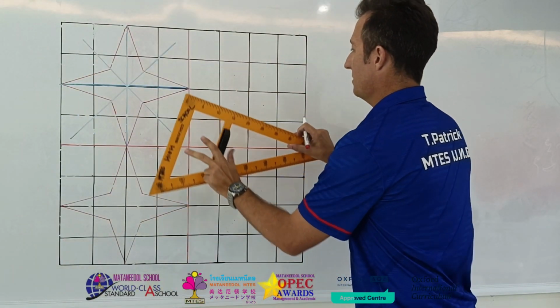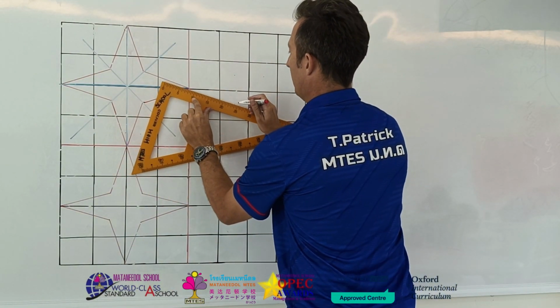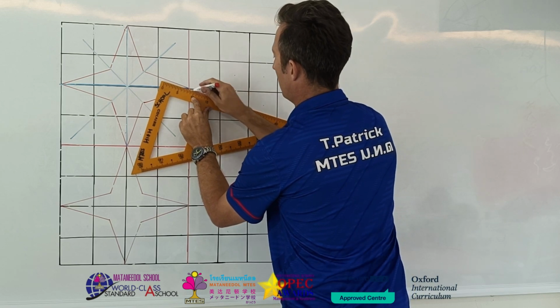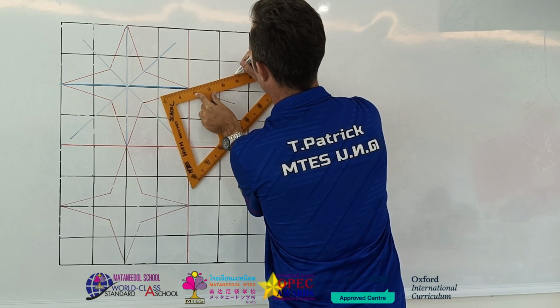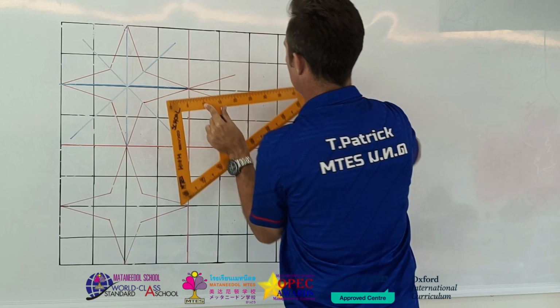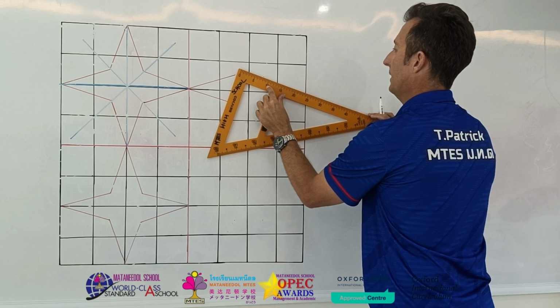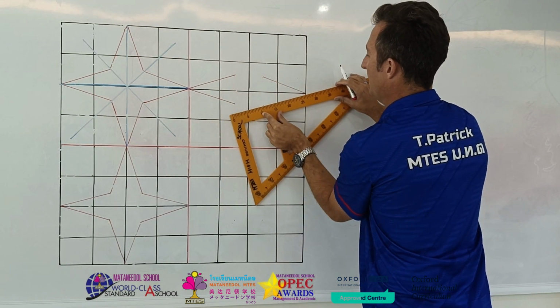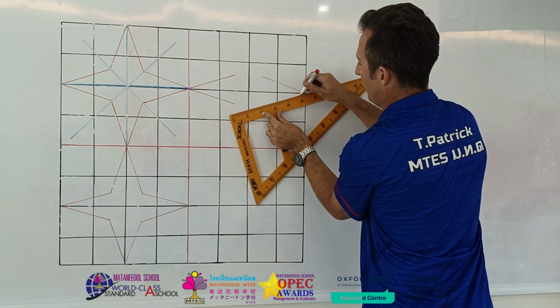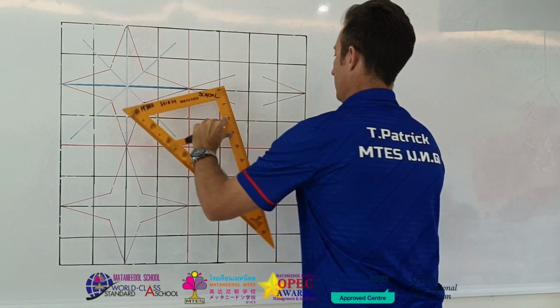Going across to this one, drawing in our shape. Again, I'm just copying exactly across so it looks like it's been mirrored into the next quadrant.